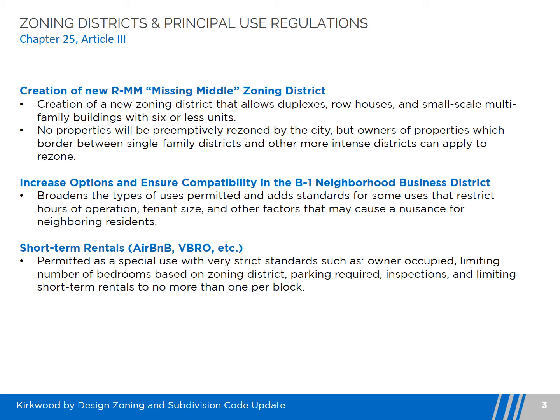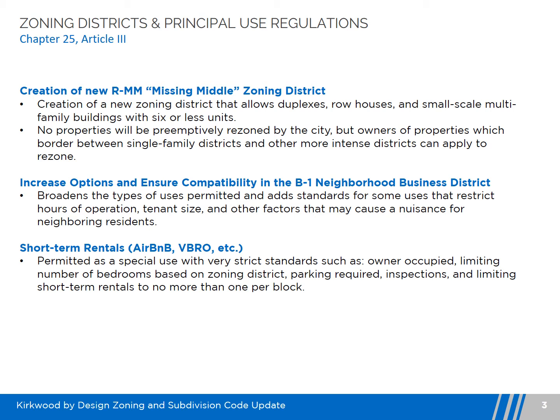If there is a property owner in the right circumstance who would like to apply for it, they are welcome to, assuming this is in the final version of the code. It's intended to be a transitional area between single family and other more intense districts. So if there's a property between single family and a multifamily, or between single family and some type of commercial product, this is seen as the ideal opportunity for something like this.